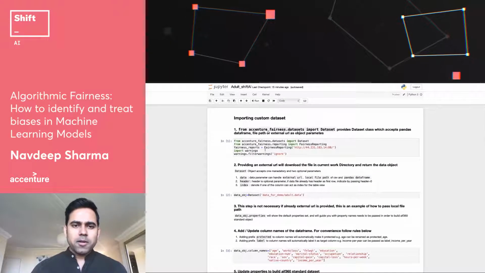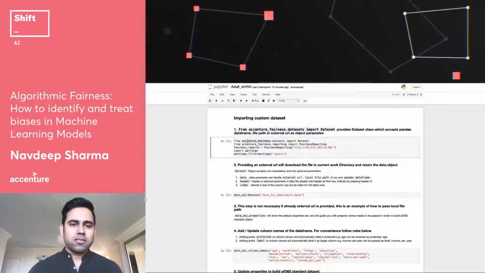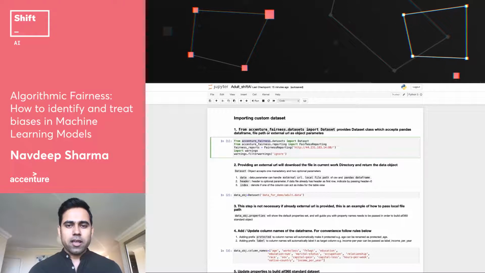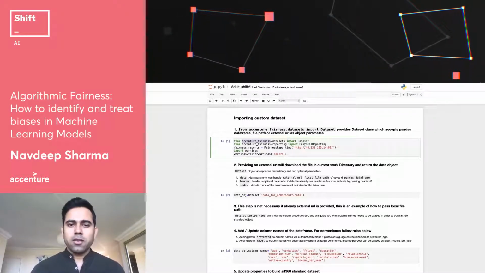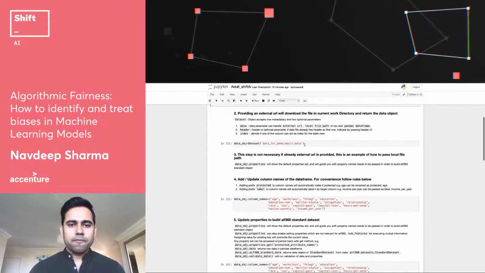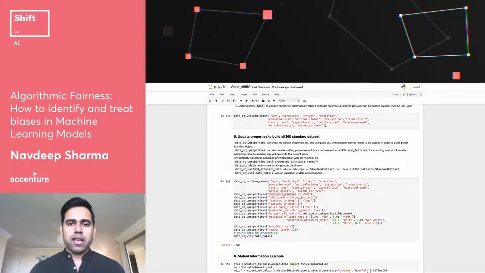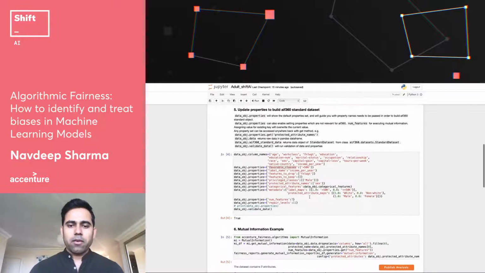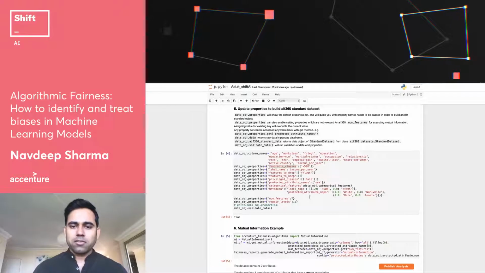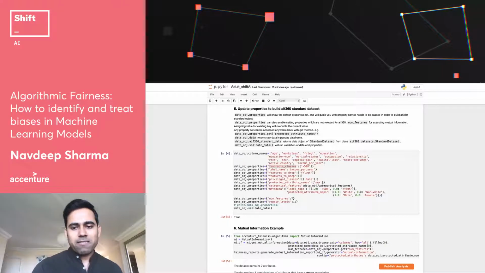In this particular library, the way we import is we import the Accenture Fairness, and we create a dataset class, and we connect to the web portal, which could be any address, and then we download the data. Here are the features which exist in the dataset at the moment, and the way we are trying to treat the biases, our protected attribute is sex, and male is our privileged class.